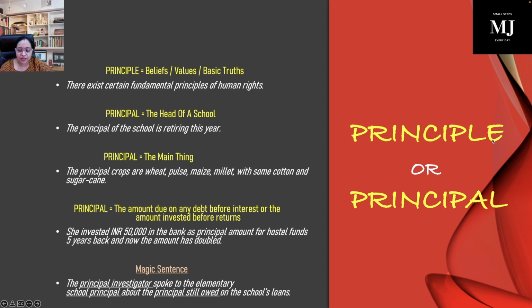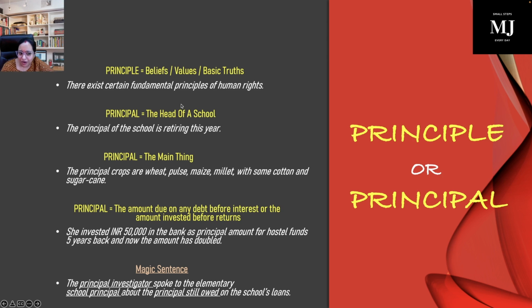We will first take the one with LE, principle. Now, with this LE thing, it becomes beliefs. It is all about values. It's all about basic truths. Okay? So, let's see how we can use this in a sentence. There exist certain fundamental principles of human rights.